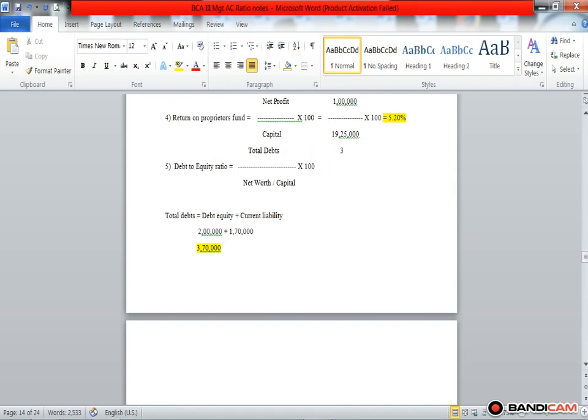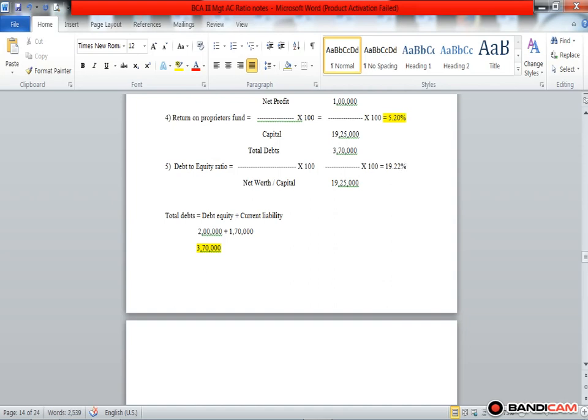So here 3 lakh 70,000 divided by 19 lakh 25,000 multiplied by 100, we get a percentage of debt to equity ratio, and that is 19.22%.